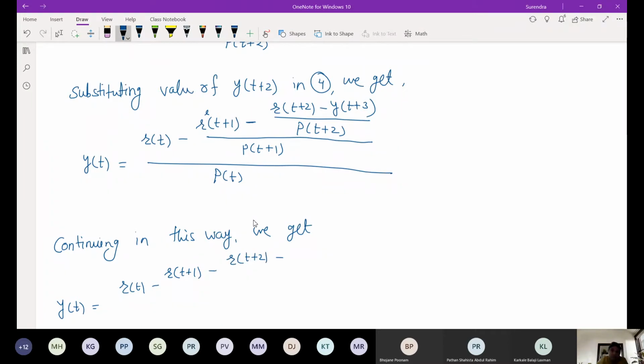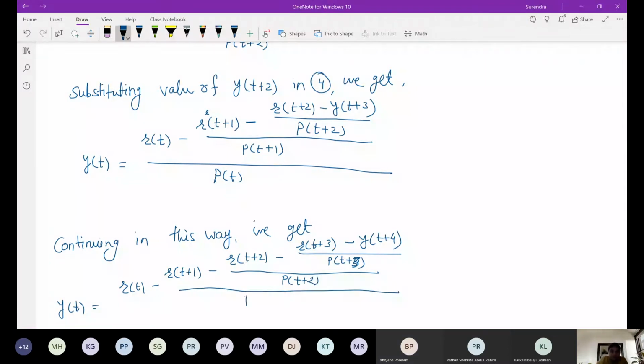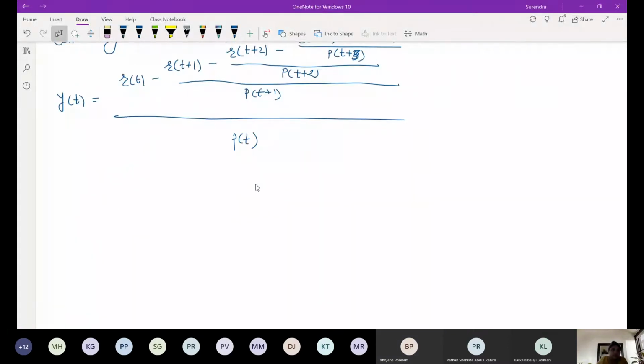Y at t plus 3 will be r at t plus 3 minus y at t plus 4 divided by p at t plus 3, and the whole is divided by p at t plus 2, divided by p at t plus 1, and the whole is divided by p at t.